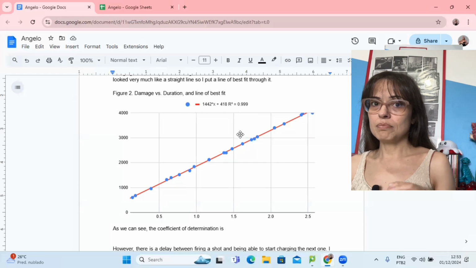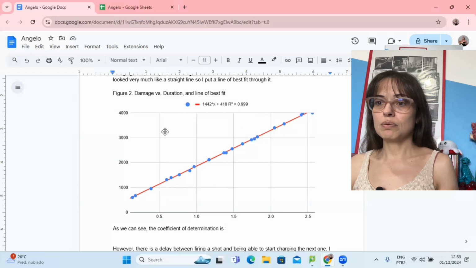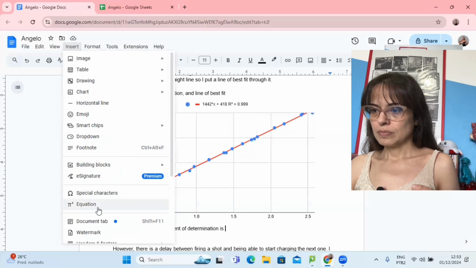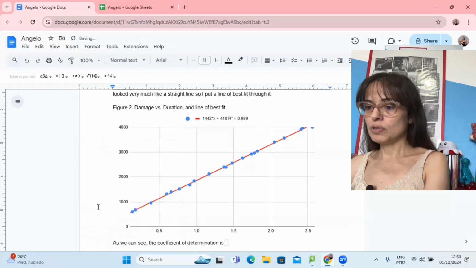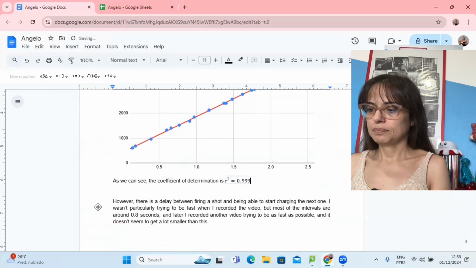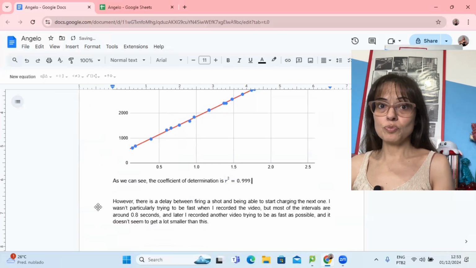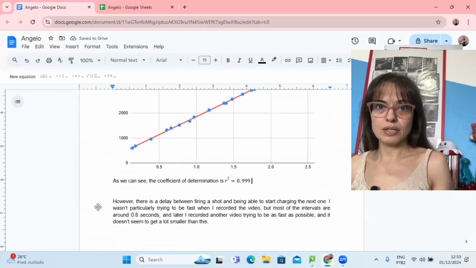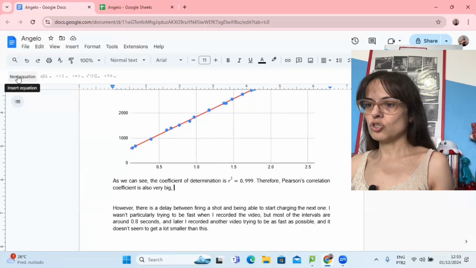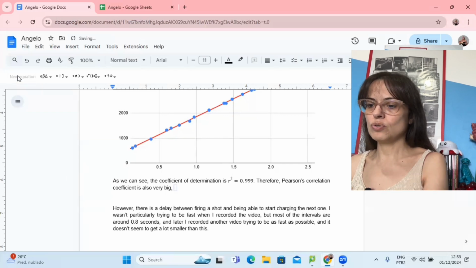So anytime that I am going to type something, I'm going to do insert equation, and I am going to type properly. R squared is equal to 0.999. This makes a difference for rubric B. Are you typing things correctly? After the first time that you've inserted equation, you already have this new equation button up here on the top left corner, so it's easier to do.